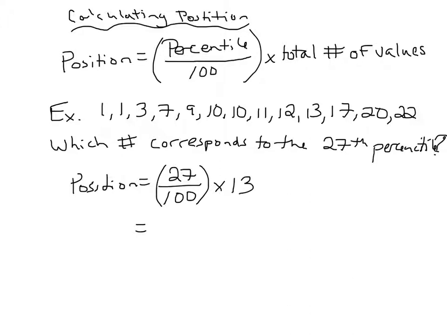I forgot to add one very important note, so you're going to have to put a little star beside position. For percentile, we always rounded up to the nearest integer, to the nearest full number. For position, always round down.